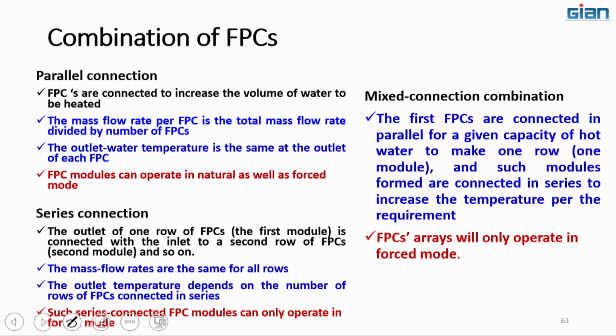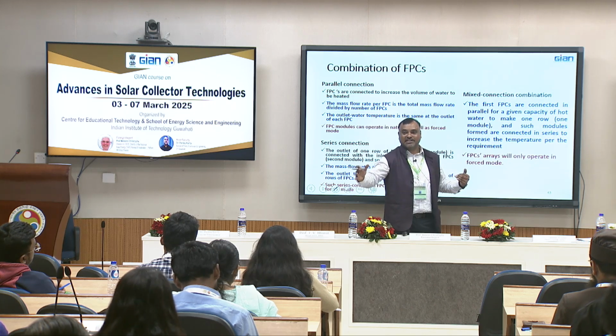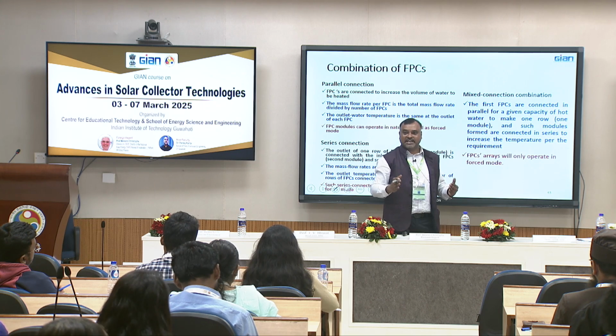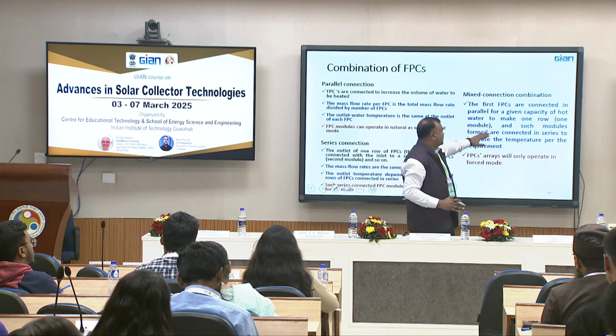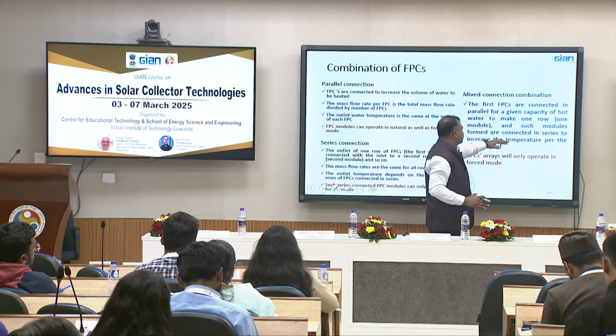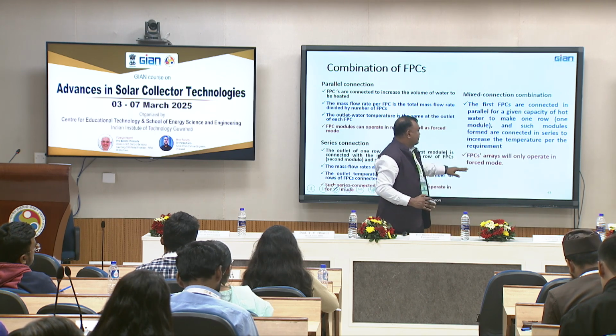How much you need is the quantity, in parallel first, then you make it series, and that way you need to design. First you make the arrangement for the requirement, then you go for this. This is very interesting. Then modules are connected in series to increase the temperature as per the requirement.